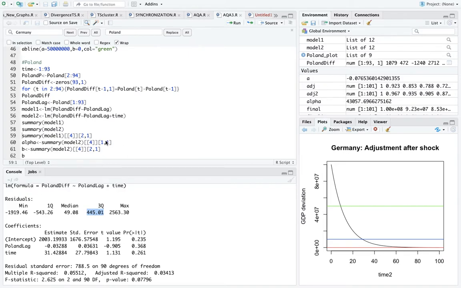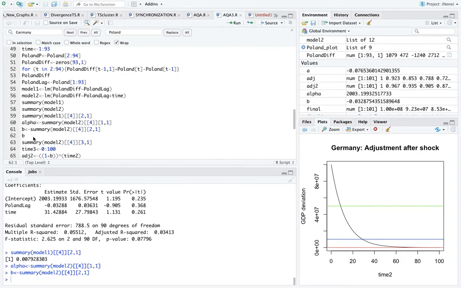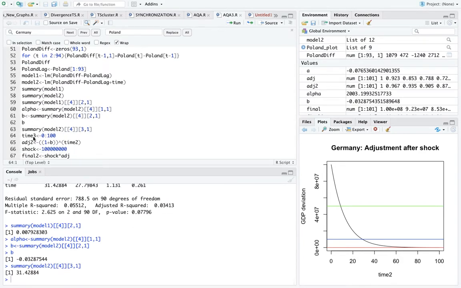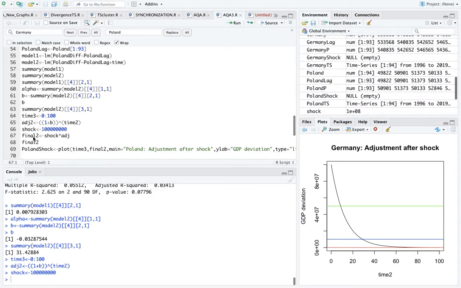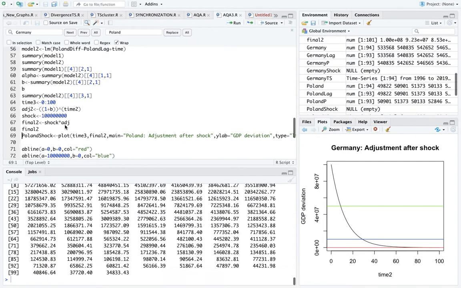Now, again, let's go through the same steps. We can use the parameter we've obtained here for lagged Polish GDP to construct the graph of the complementary function with the same parameters except for the adjustment coefficient, and we will see how the Polish economy is adjusting to the same shock, a shock of the same magnitude.